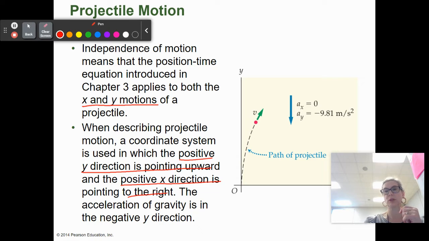So this is our coordinate plane. So positive y goes up, positive x goes to the right. And so you notice that if your acceleration is going down, then that's going to be a negative number. Okay. The acceleration due to gravity is always going to be a negative number because gravity is pulling it down, and that's the way it's acting. So that's going to be a negative 9.8 because that shows the direction in which it's moving.